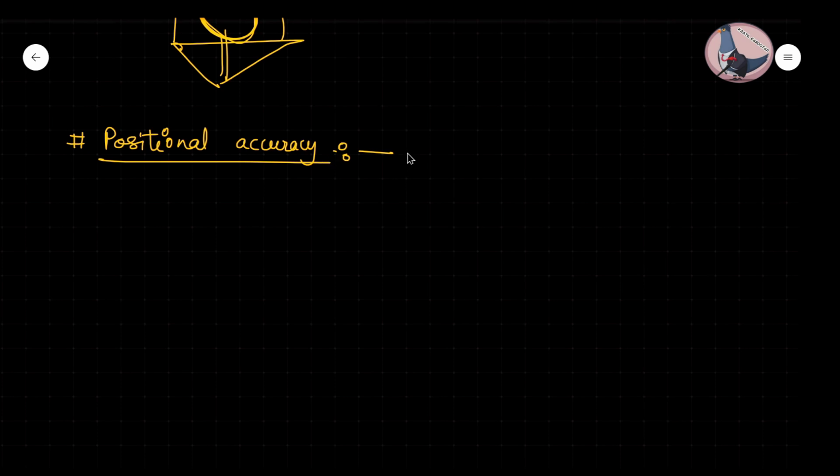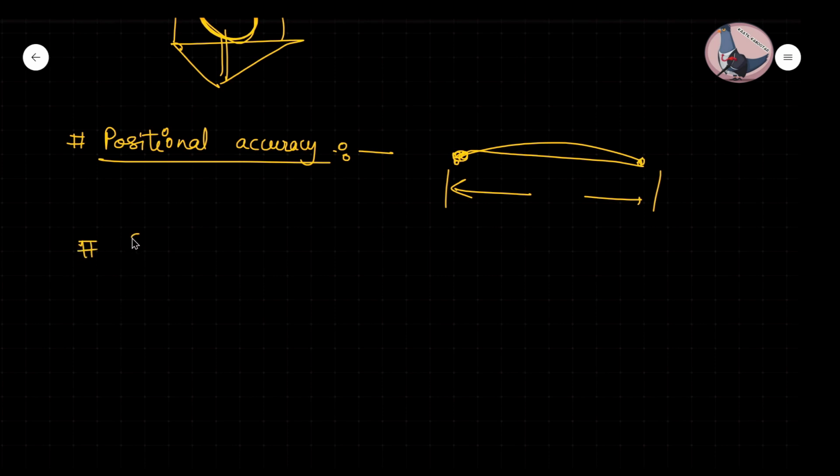It is very simple. It is the ability of a machine to go to some distance and come back to the same position. Whatever the working range, you go back and forth in it and see whether it comes to the same position or not.